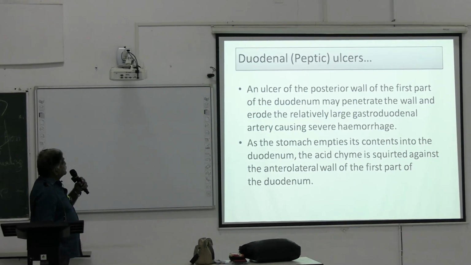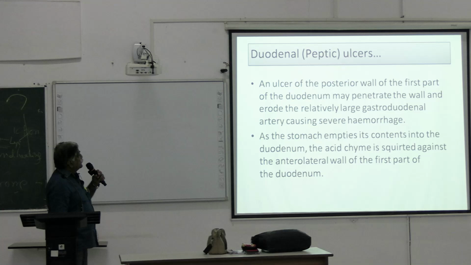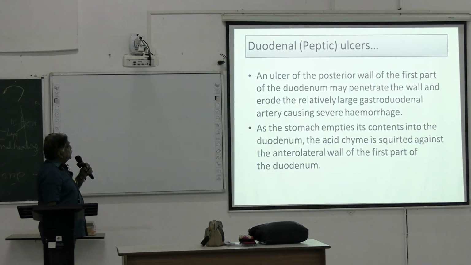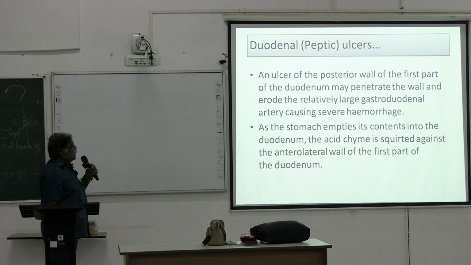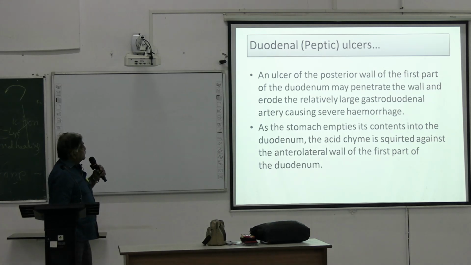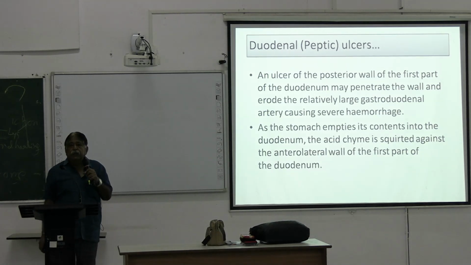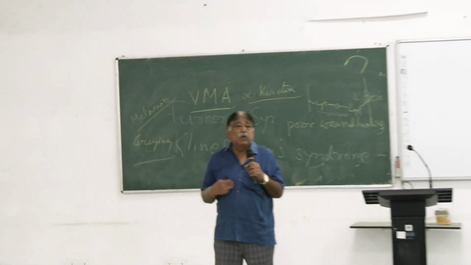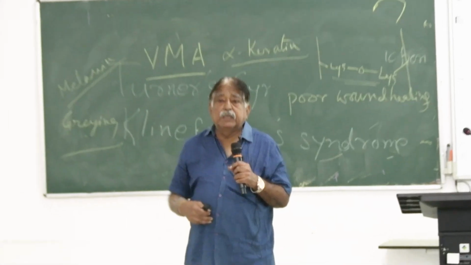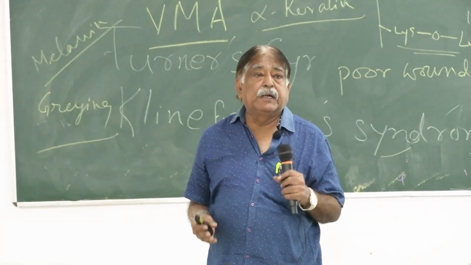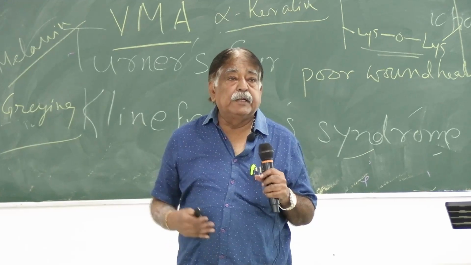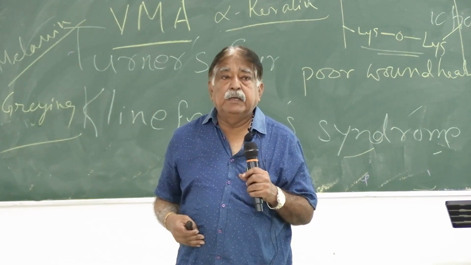Now, duodenal ulcers: an ulcer of the posterior wall of the first part of the duodenum may penetrate the wall and erode the relatively large gastroduodenal artery, causing severe hemorrhage. So you have to keep this in mind. When you open the abdomen, you might see a pool of blood, or the peritoneal fluid is stained with blood.